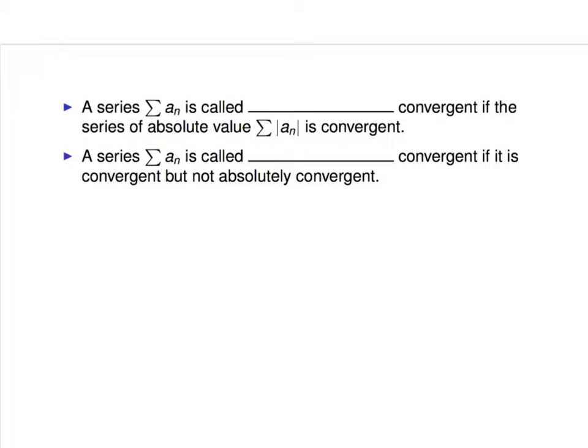So we talked about the AST, and we had the sum from n equals 1 to infinity of negative 1 to the n over n. What did that do? This converged. And somebody observed that, wow, that's weird, because if I take out that negative 1 to the n and just make it 1 over n, what does that do?